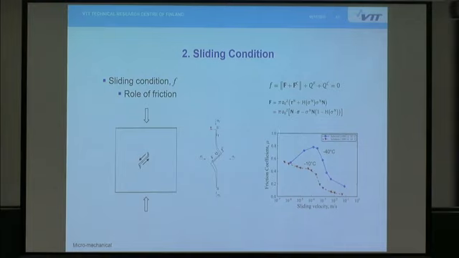But what is important is that the friction is highly dependent on the velocity, and it's also dependent on the temperature. So friction increases with decreasing temperature. So we can in 3D formulate a sliding condition. In fact, it's quite similar to what Casciano proposed quite some years ago.